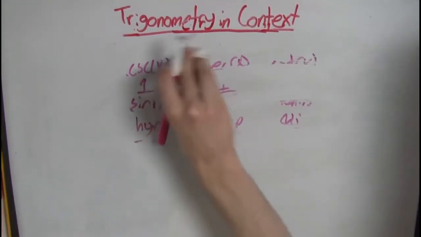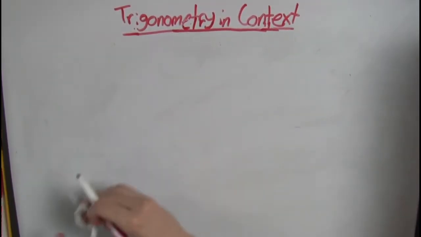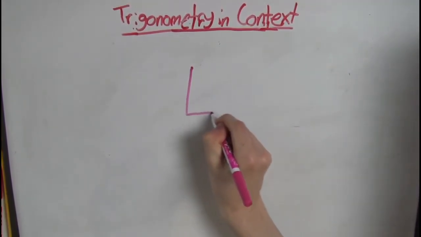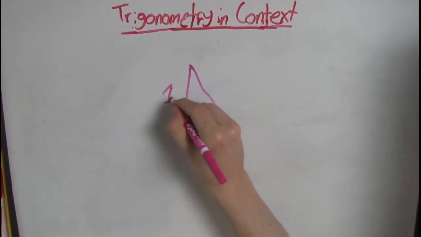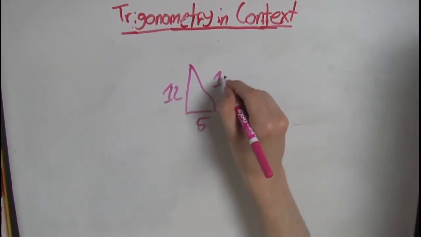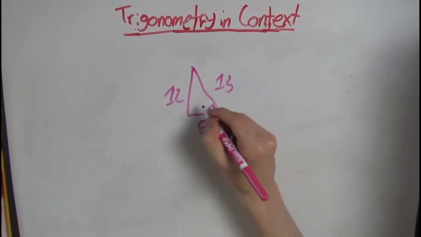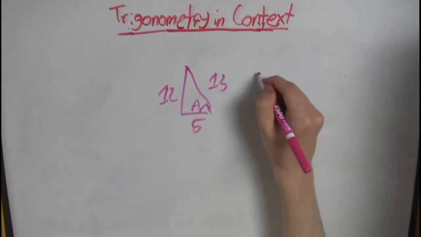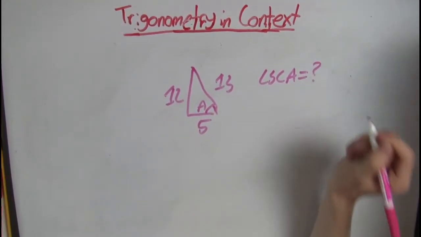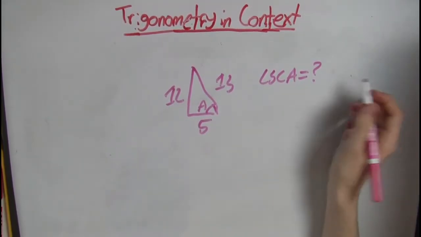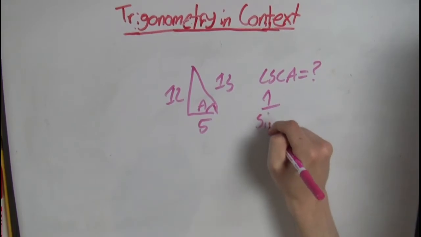For example, let's say I'm given a triangle. Let's say it has side lengths of 5, 12, and 13. And I'm asked to find the cosecant of angle A, right? Well, the cosecant of any angle is the same thing as 1 over the sine of that angle.